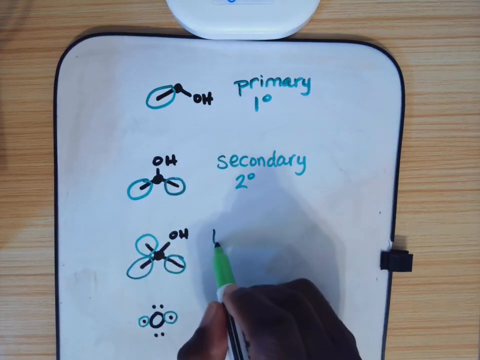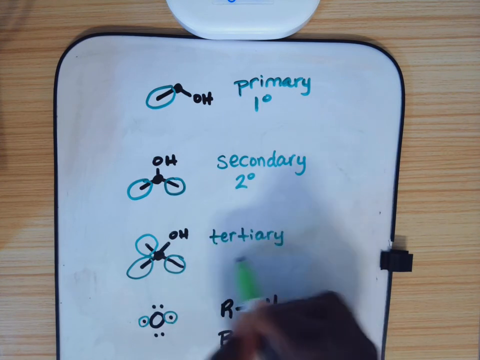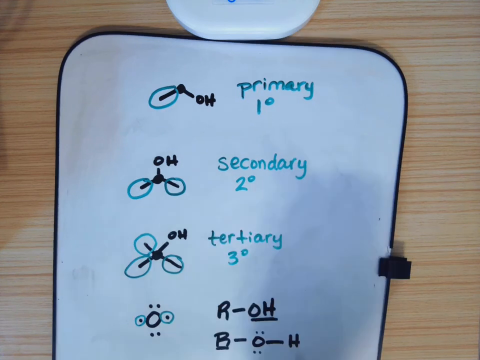It's directly bonded to 3 carbon atoms, so it is referred to as a tertiary alcohol and designated as 3 degree. So when looking at alcohols, you want to locate your functional group, look at the carbon atom that it's directly bonded to, figure out how many carbon atoms are directly bonded to that alcoholic carbon, and use that to determine whether it is primary, secondary, or tertiary.